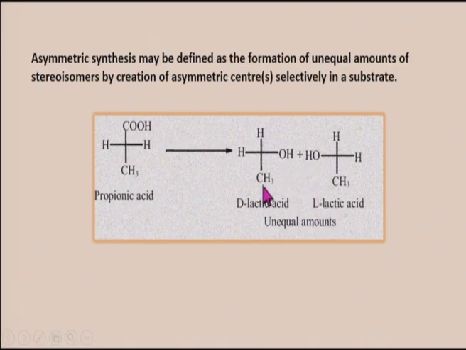For example, D-lactic acid may be 90% and L-lactic acid 10%, or D-lactic acid 80% and L-lactic acid 20%, or 30 and 40, whatever. So the aim is that the formed products must be in an unequal ratio; only then can we say it is asymmetric synthesis.